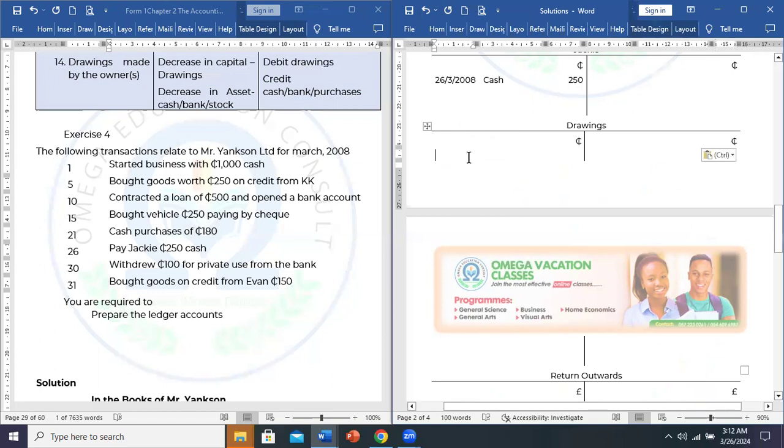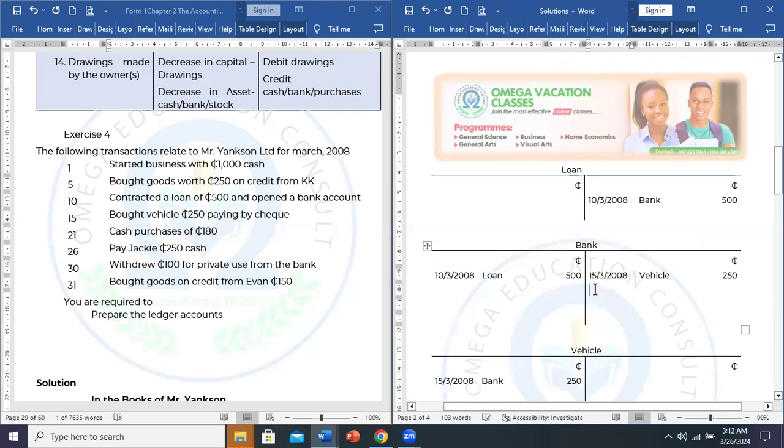We put in the date, which is 30th March 2008. The narration will be bank because we withdrew the money from bank. How much? 100. And then we credit the bank account. We already have our bank account. You don't need to open a new one. So you come to your bank account, credit it, 30th March 2008, drawings, 100. Very simple. Very, very simple.